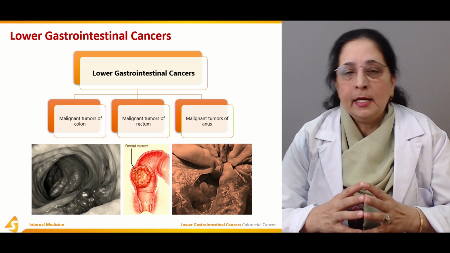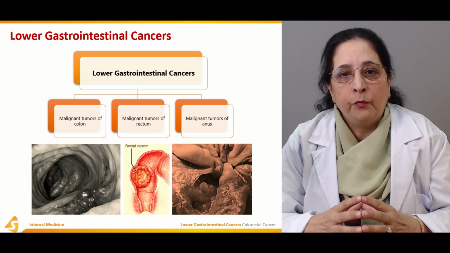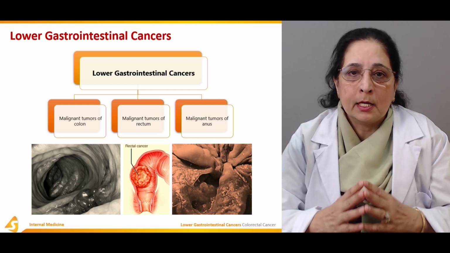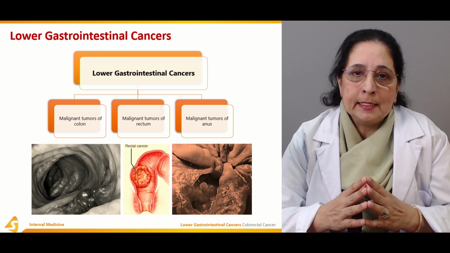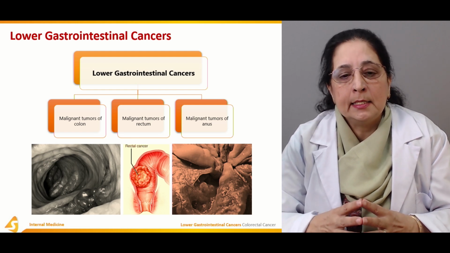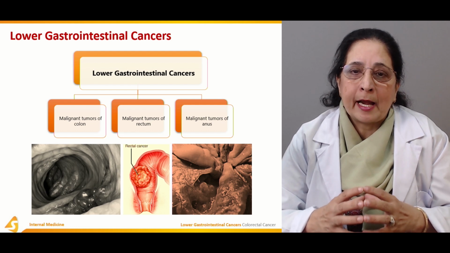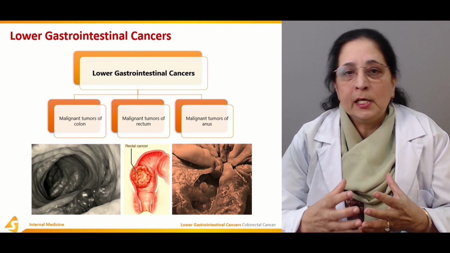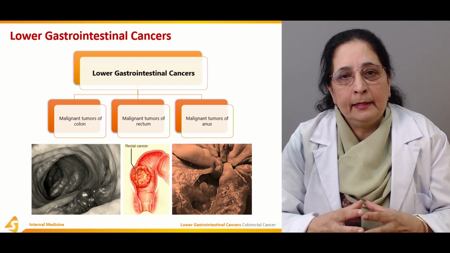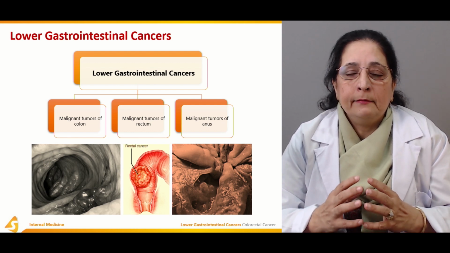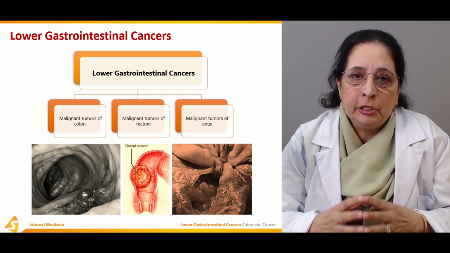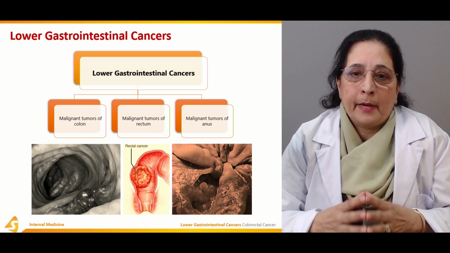The colon is divided into four parts: ascending colon, transverse colon, descending colon, and the sigmoid colon. After the sigmoid colon, there is the rectum, which is the storage place for the fecal matter, and then we have the anus through which the fecal matter passes out.